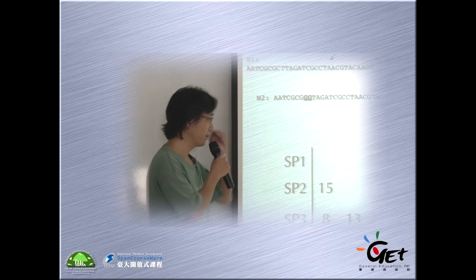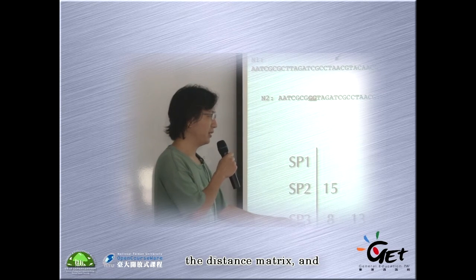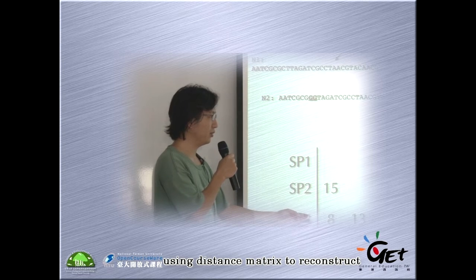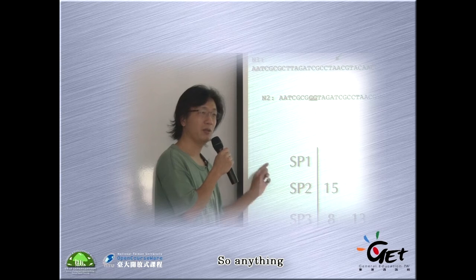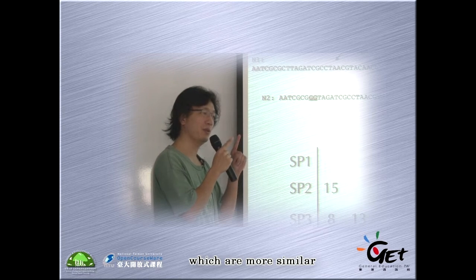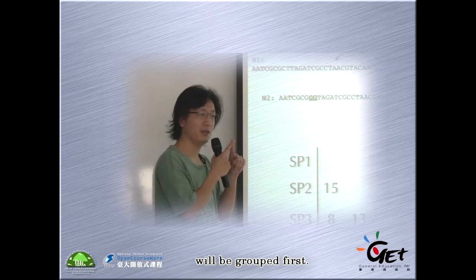There's the distance matrix, and using a distance matrix to reconstruct a relationship is based on similarity. So anything which is more similar will be grouped first.